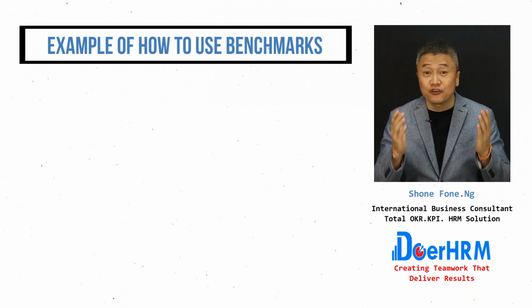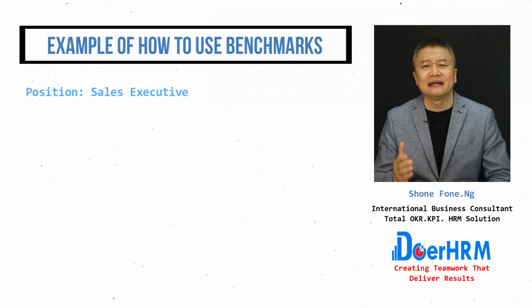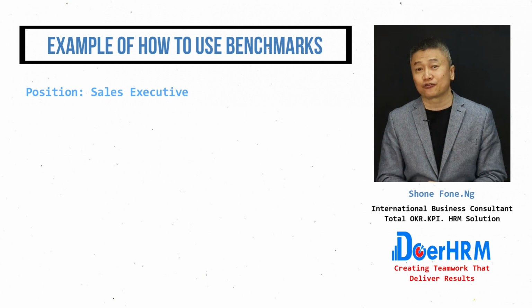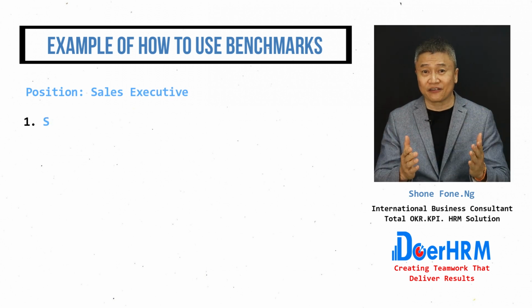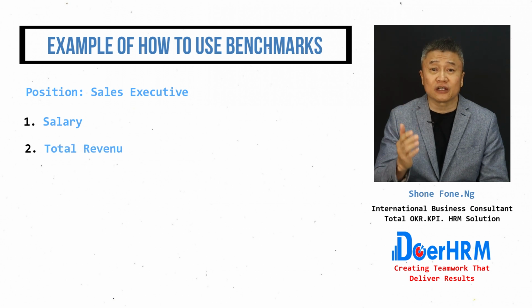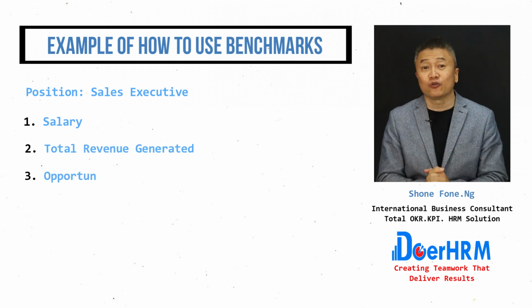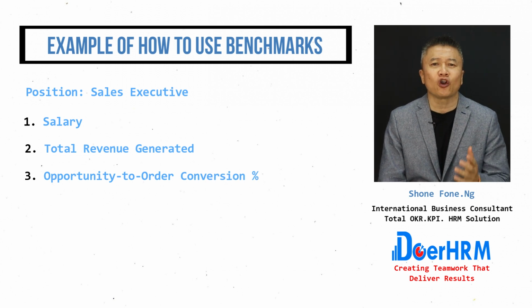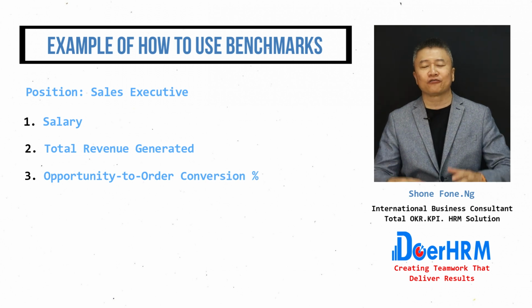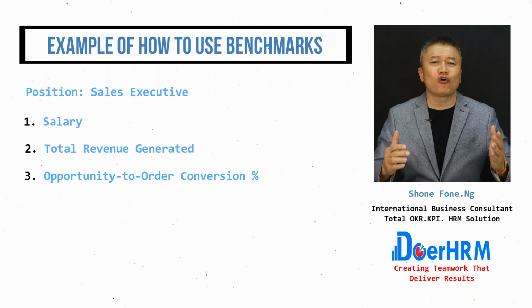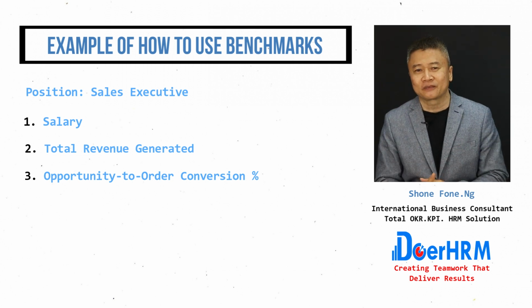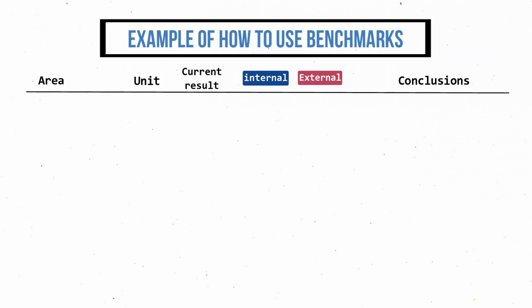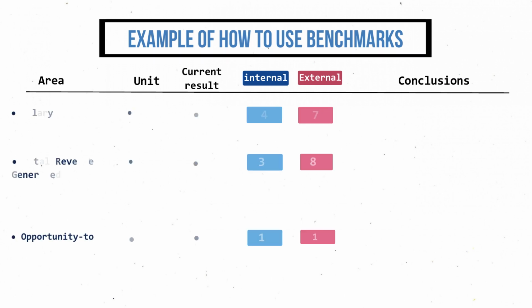Let's imagine that you, as a sales executive, decided to have a look at 3 things: your salary, the total revenue generated, and the opportunity to order conversion percentage. Luckily, you have not only your current result for each activity, but both internal and external benchmarks.